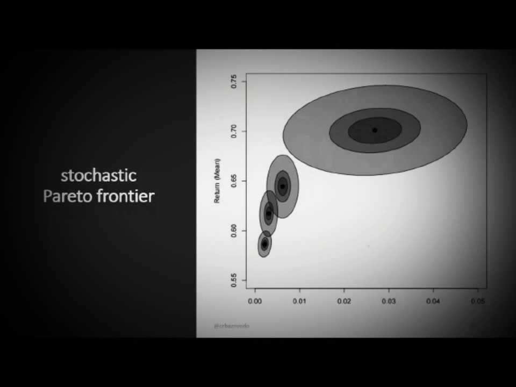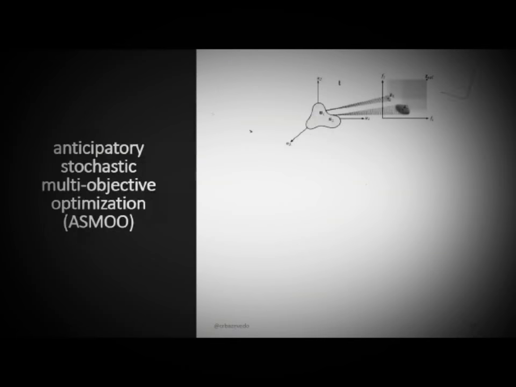So you see that the stochastic Pareto frontier gives us a nice way of reasoning over uncertainty and selecting solutions based on the measure of uncertainty that we have over multiple conflicting scenarios. This is an example of what you can do.